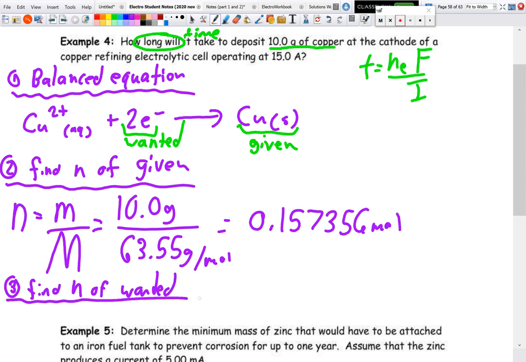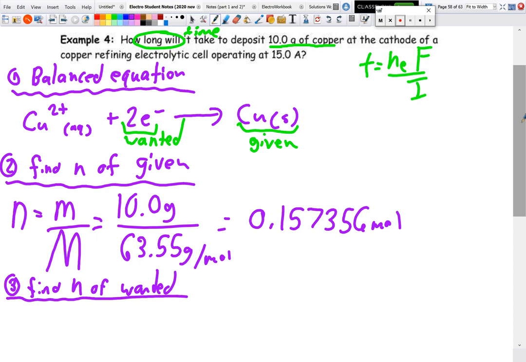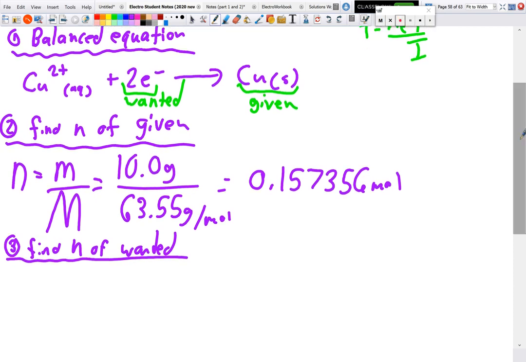Next step is we find the number of moles of our wanted using our mole ratio. I'm just going to scroll down a little bit here. We have number of moles, in this case, it's the electrons we're looking for. It's going to equal number of moles of copper times our mole ratio.